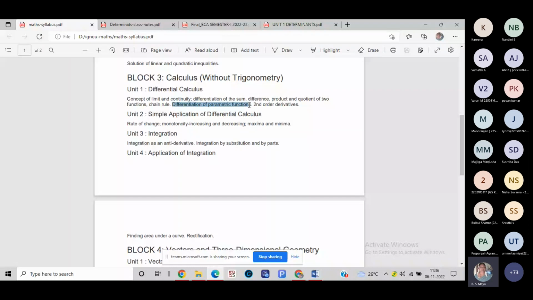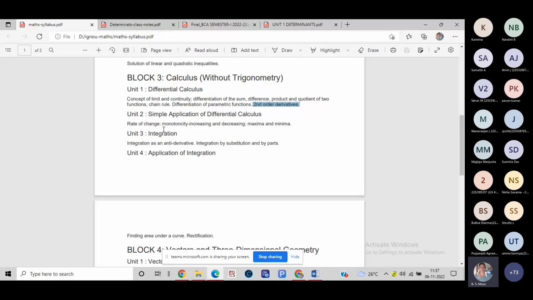Then we solve problems on second order derivatives. To find the second order derivative, you should know the first order derivative. Normally we call the first order simply the derivative, and then you mention the second order, which is the next level of differentiation.